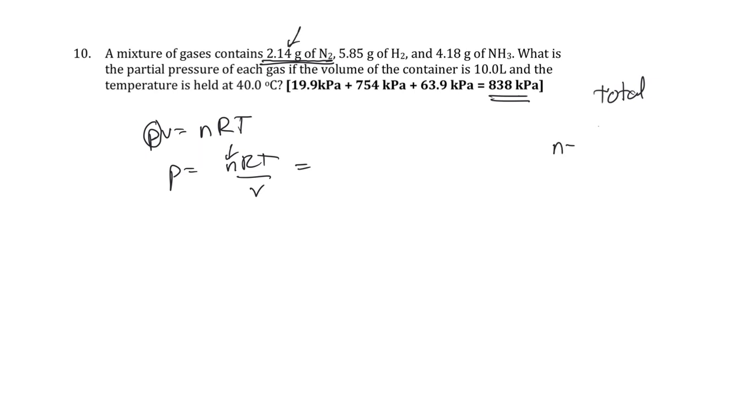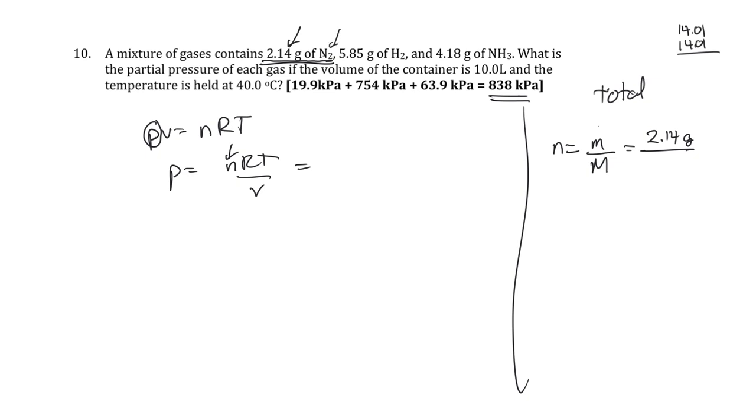Let me do that over here. Moles are mass over molar mass. The mass is 2.14 grams. The molar mass of nitrogen is 14.01, but there's 2 of them because it's N2, so it'll be 28.02 grams per mole.